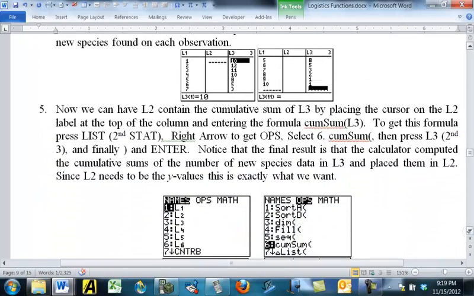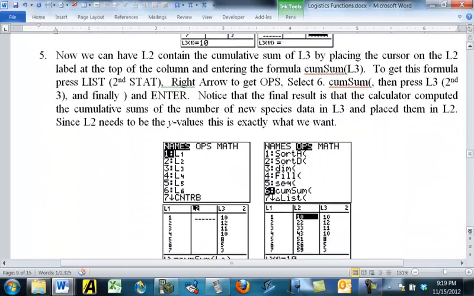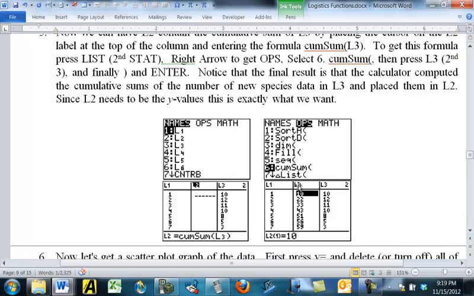To get the cumulative sum, I put the cursor on L2 and type in cumulative sum of L3. Cumulative sum is under List, which is second Stat, right arrow to Operations, and then it's number 6. This gives me my cumulative sum, or running total. So 10 is the first one, 22 is the sum of the first 2, 33 is the sum of the first 3, and so forth.